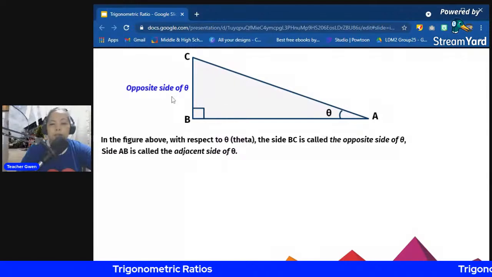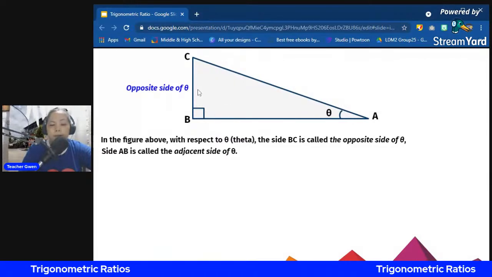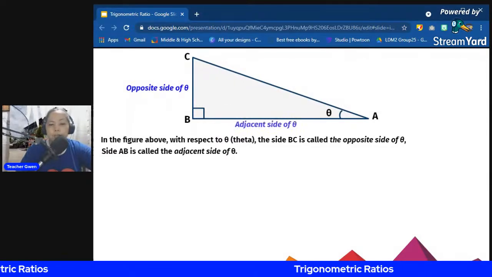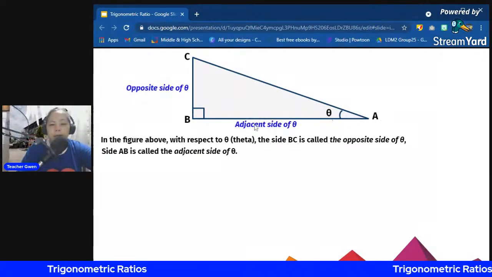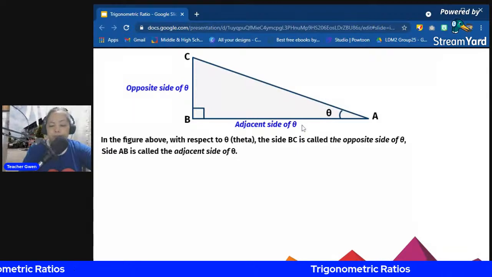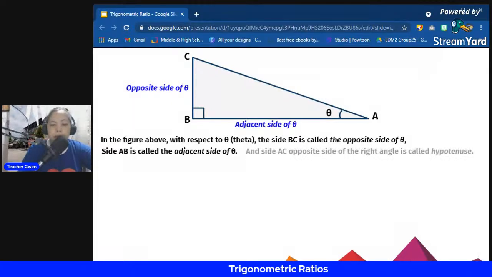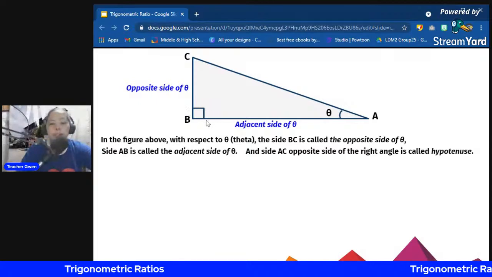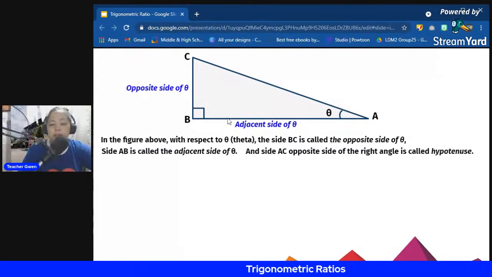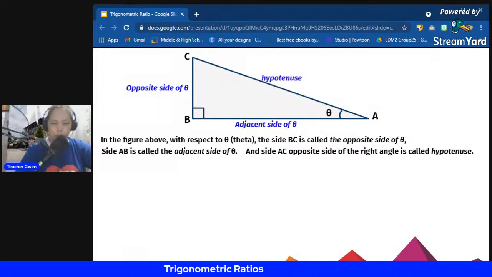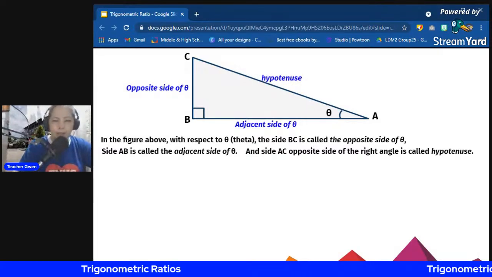Opposite means it is across from the angle. Adjacent means it is along, the side of theta. And AC, which is opposite the right angle of the triangle, is called the hypotenuse. Take note of that placement.